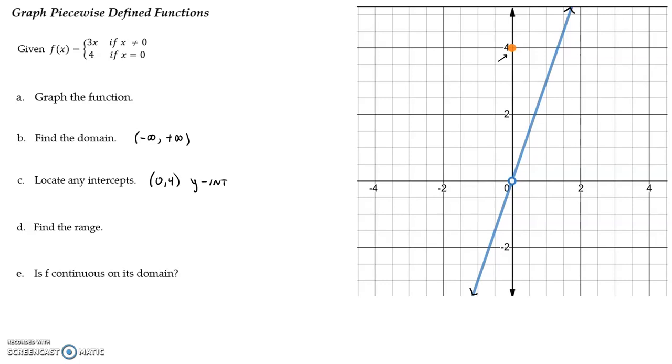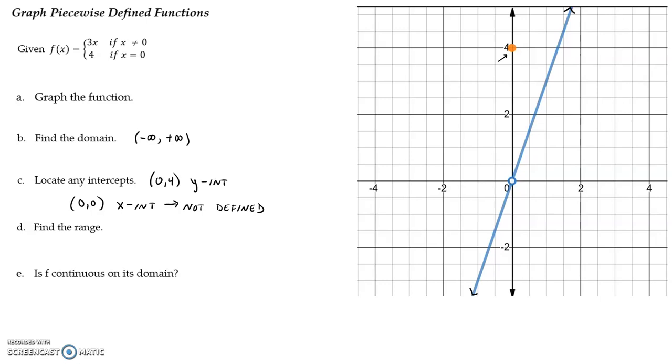And if we want to account for our x-intercepts, we want to know where our graph is either going to touch or cross our x-axis. Notice that the graph actually crosses there at the point (0, 0). This would be one of your x-intercepts. However, it's not defined at this point. Right, we have an open circle on our graph.